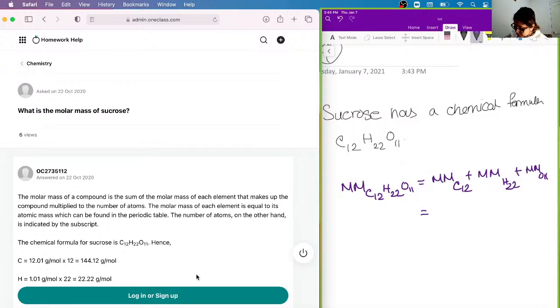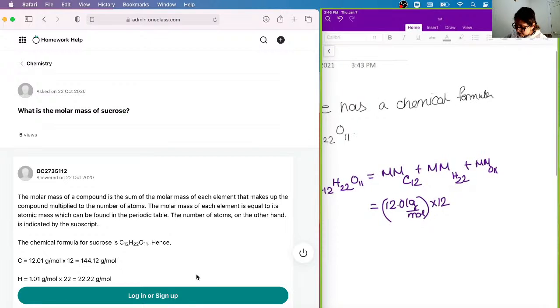The molar mass of one carbon atom is 12.01 grams per mole, and we have 12 in this case, so you would multiply this by 12.